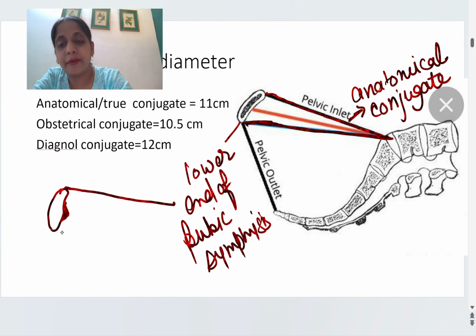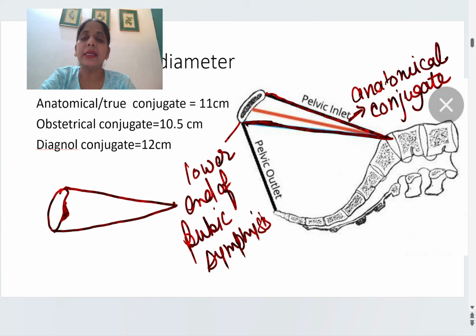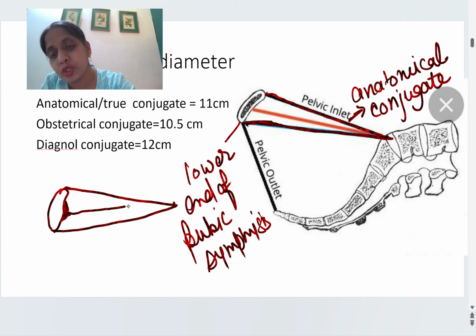The diameter from the lower part of the pubic symphysis to the sacral promontory, which we can measure, is the diagonal, because here we place the finger diagonally. And this one, from the mid part of the pubic symphysis to the sacral promontory, is known as the obstetric conjugate.